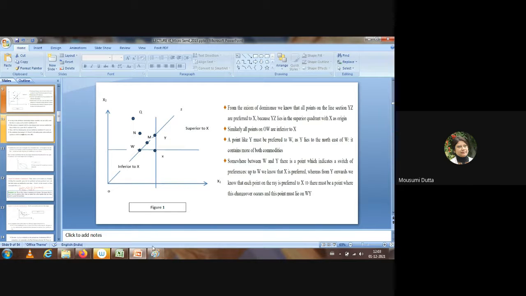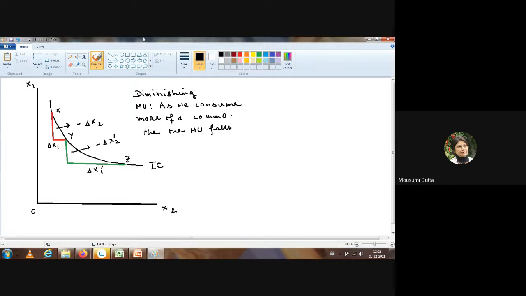Since a few students are new, just to tell you, this kind of curve we derived last day on the basis of our analysis, a curve starting from northwest and coming towards southeast.